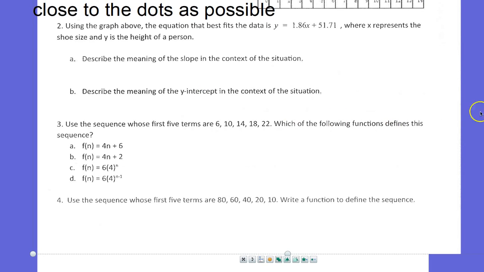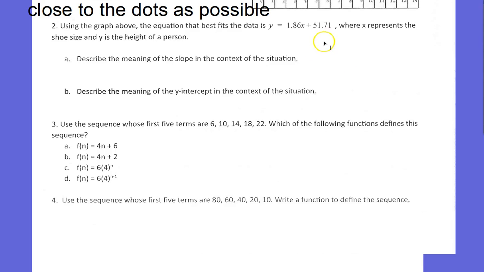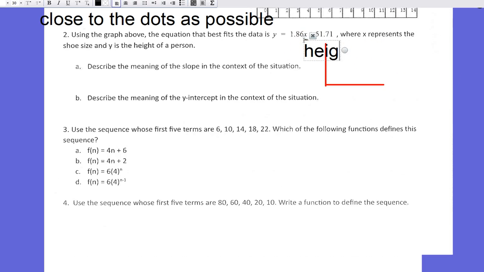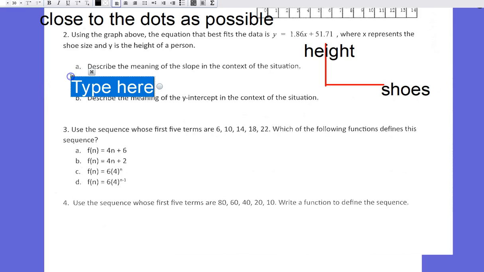Number 2, using the graph above, the equation is this guy. So let's look just at what the axes were. When it says, what does the problem mean? There were some people who asked me about this. What does it mean? They're asking basically, what are the variables? Now, the variables were height and shoes, right? So slope is the rise over the run. So slope is the rise, that's the height, divided by the shoes.